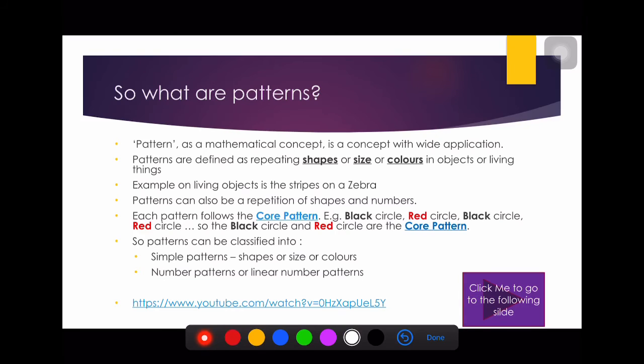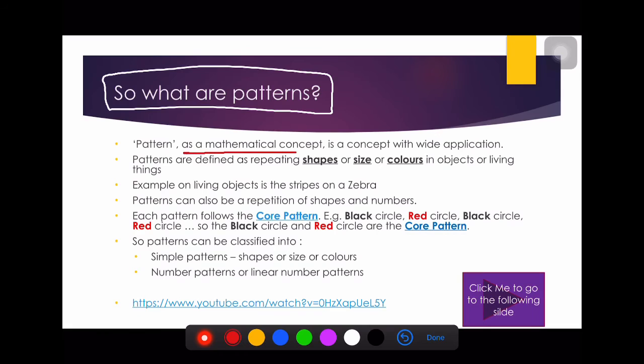So since the children are inquisitive and they ask the question, what are patterns? And that is our next topic. Pattern as a mathematical concept is a concept with wide application. Patterns are defined as repeating shapes or sizes or colors in objects or living things.